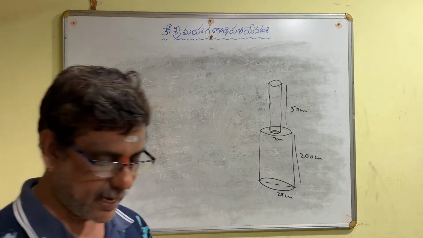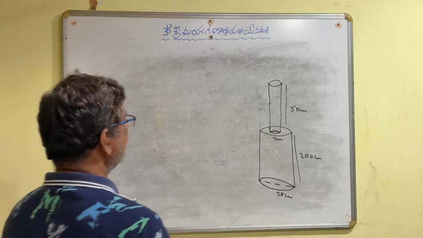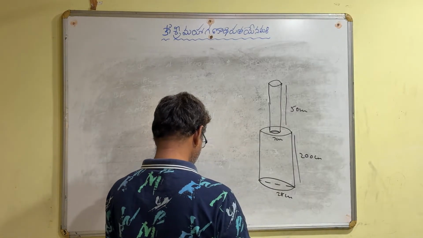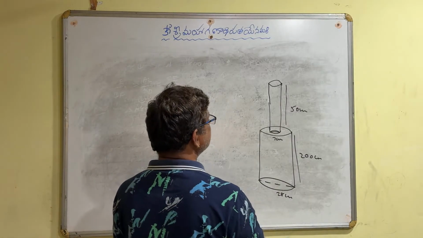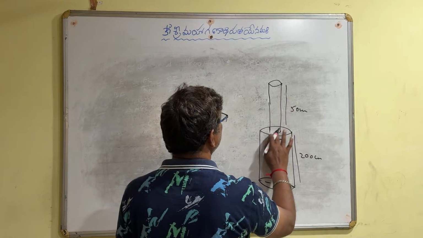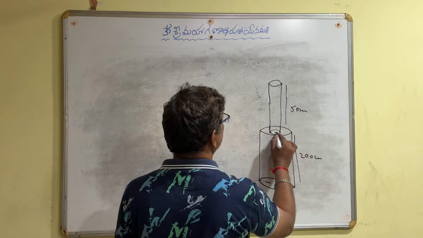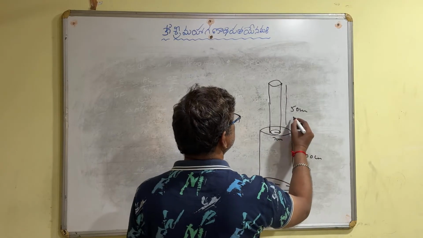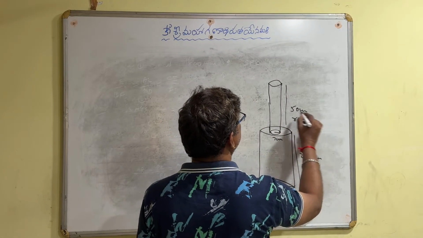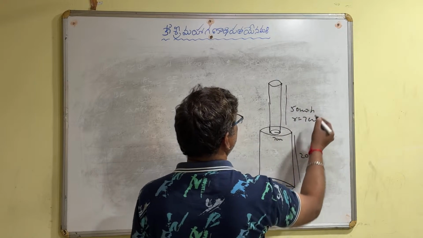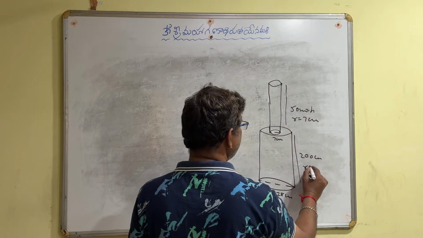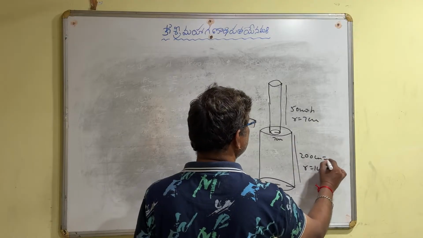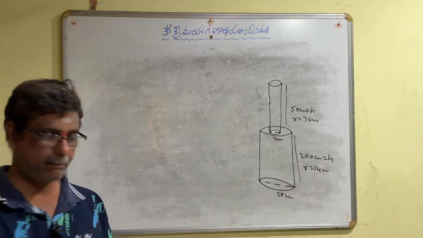Here we have the diameter, so we take the radius. Second cylinder radius 7 centimeters, height 50. Here radius is 14 centimeters, height 200.